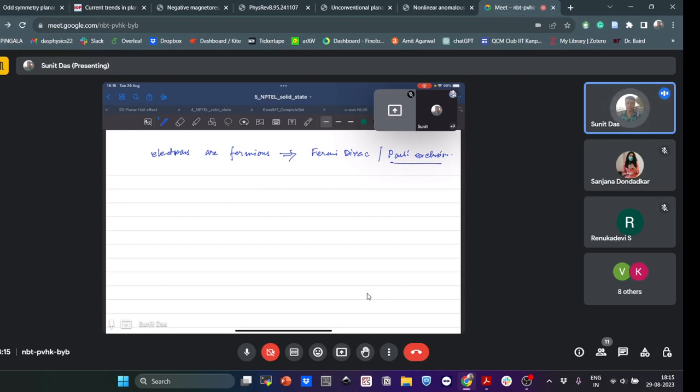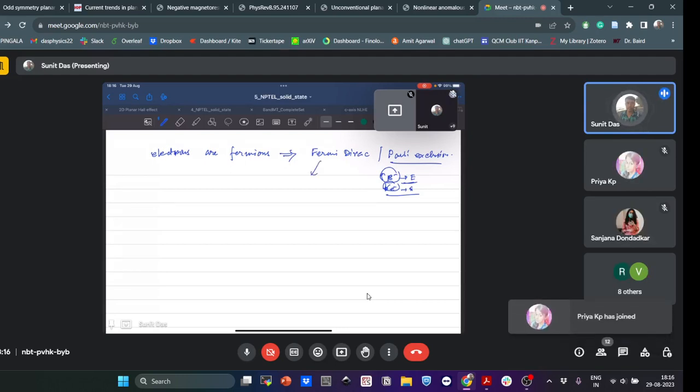If I have an electron at an energy E, let's say, and the electron's spin is up, then in the same state there cannot be another up electron with the same energy. There can be a down electron, because a down electron is different from an up electron. That's what the Pauli exclusion principle simply says in simple terms.